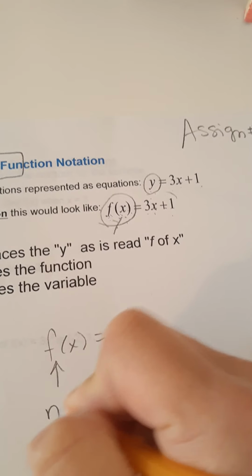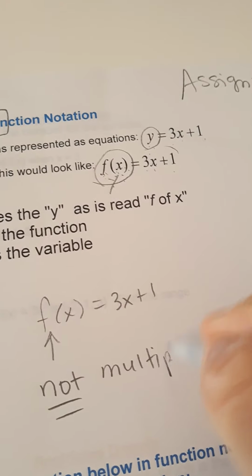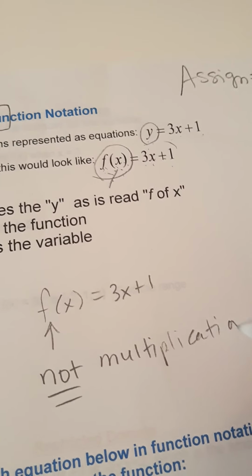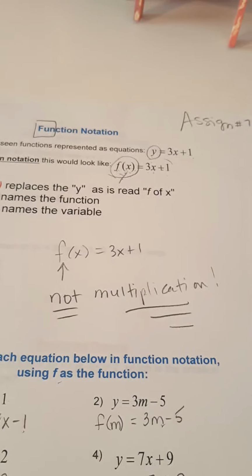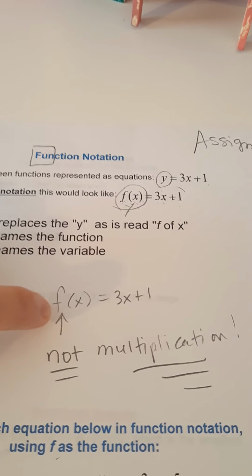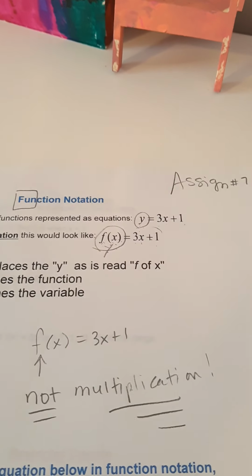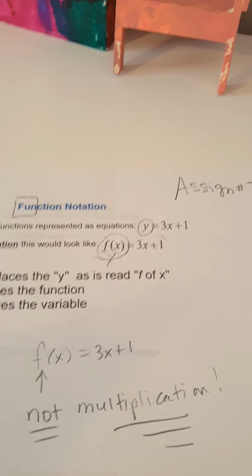This is not multiplication. So in everything we do in math, if something's right next to it, usually it's multiplication, but this is not. It's just the fanciness of the new notation.